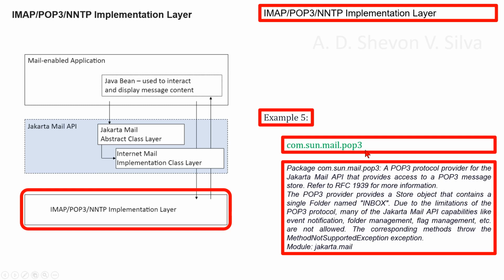Due to the limitations of the POP protocol, many of the Jakarta Mail API capabilities like event notification, folder management, flag management, etc. are not allowed. The corresponding methods throw the MethodNotSupportedException. This package is in module jakarta.mail.